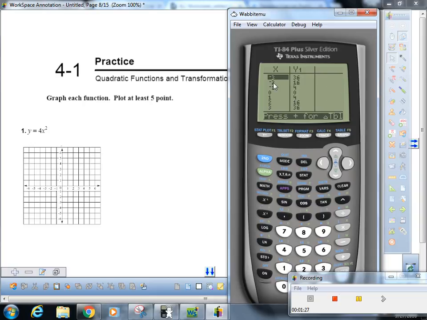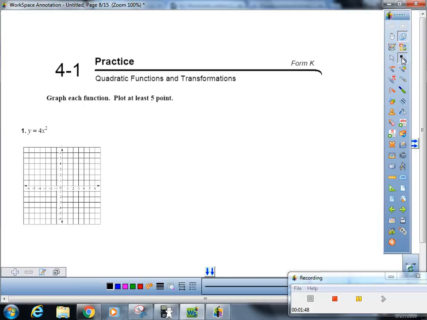So we will plot negative 2, comma 16, negative 1, comma 4. 16 is going to be way up. 2, comma 16. Negative 1 was 4. 1 was 4.